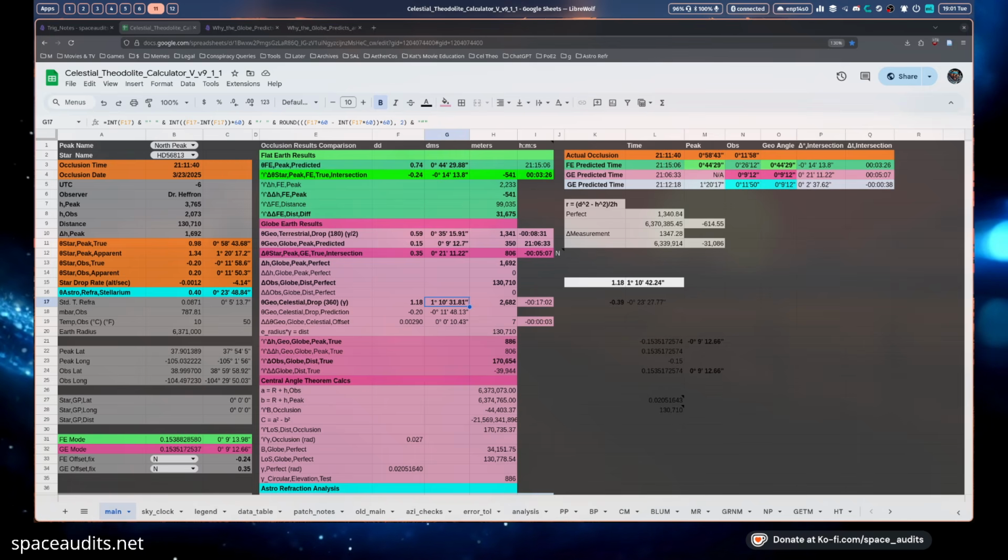Wow, it's so close. I see what you're saying. It's 11 arc minutes, dude. That is so crazy. Where are you seeing 11 arc minutes? 110 42 24 versus 110 31 81, where you said it travels the whole arc length, almost.